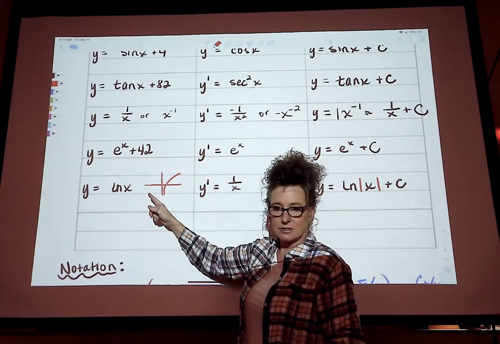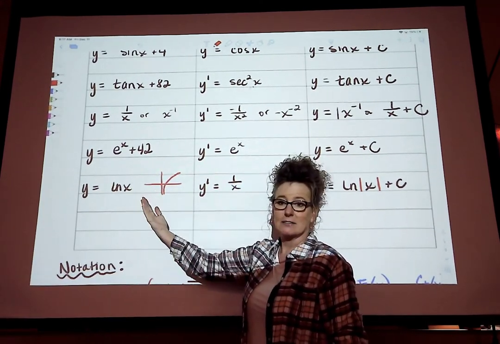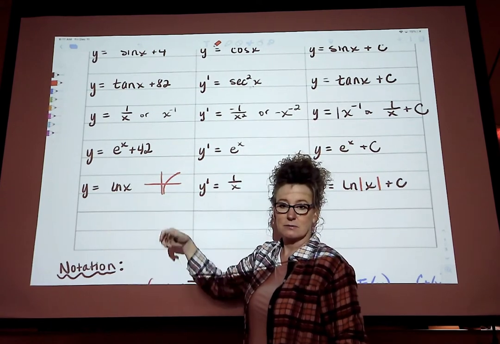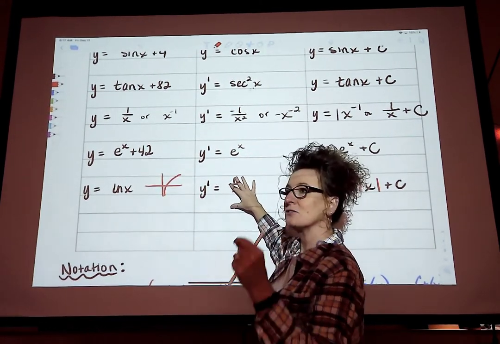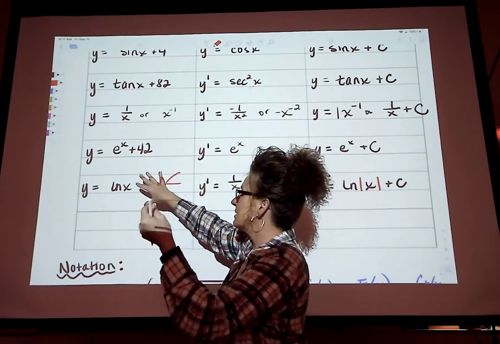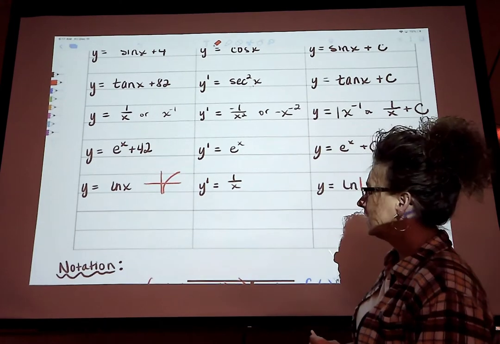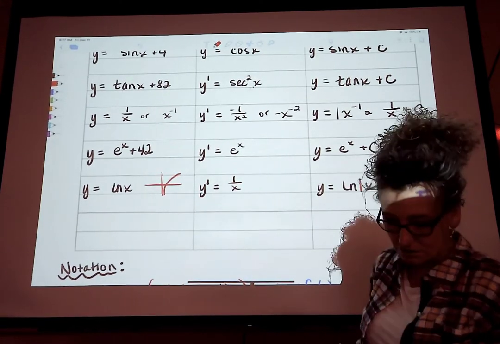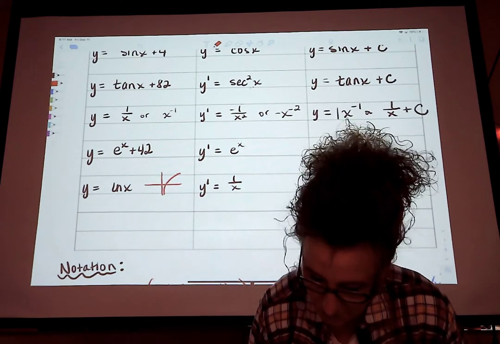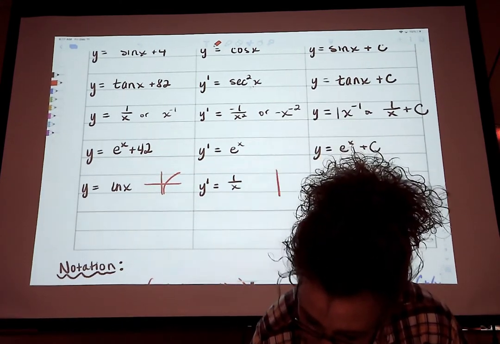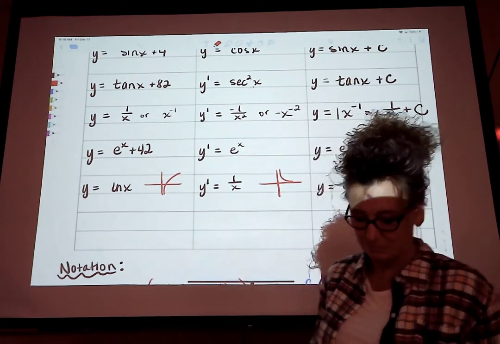We can't include 0. We can't include negatives. So my domain is all positives. When I look at this, as a result of doing a derivative on this, I really only have the positives.